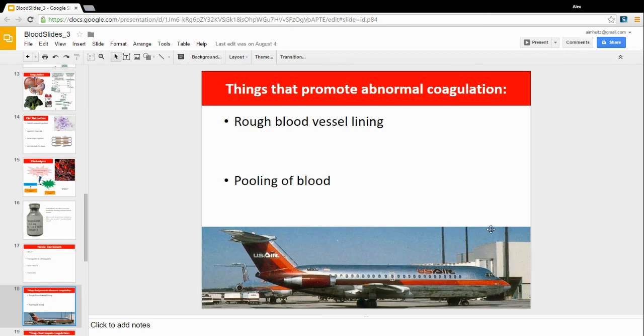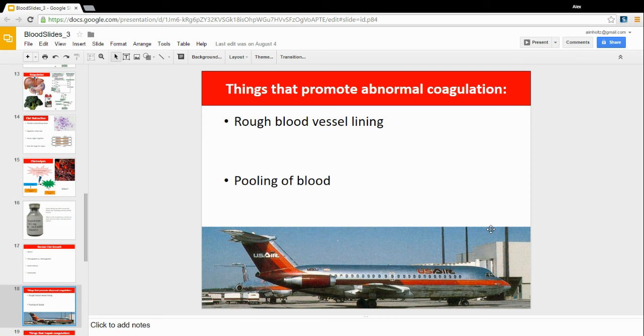If the blood vessel lining is too rough, you may not make prostacyclin. Remember, prostacyclin keeps platelets away. So platelets might start sticking to the blood vessel lining and start turning on the coagulation process.